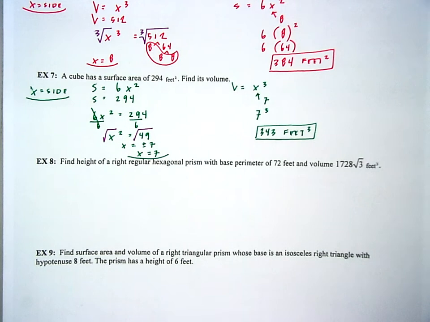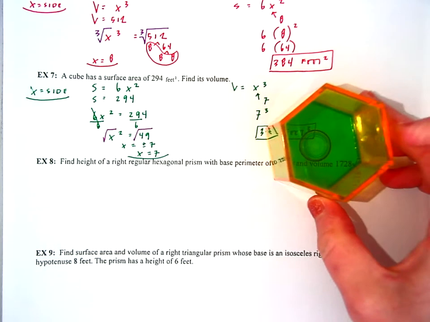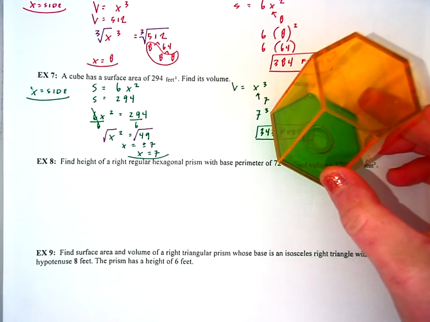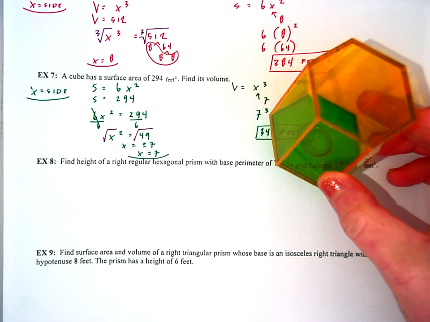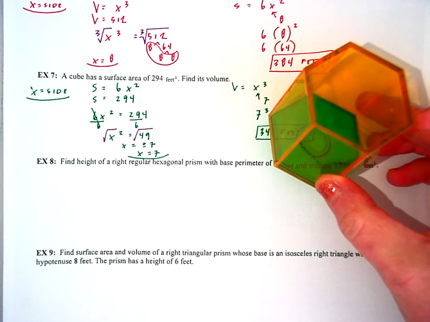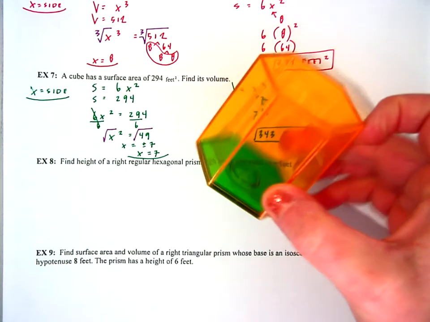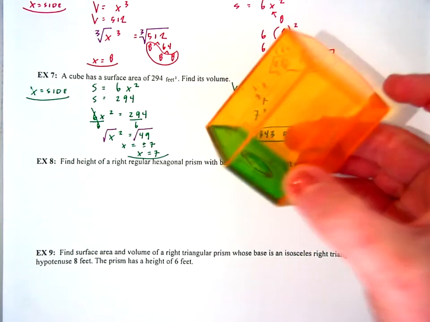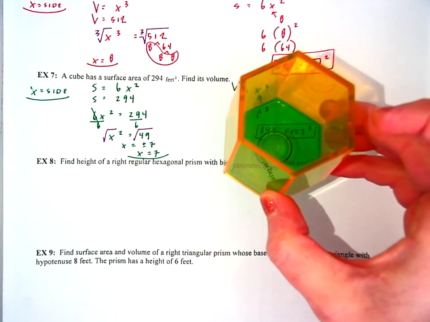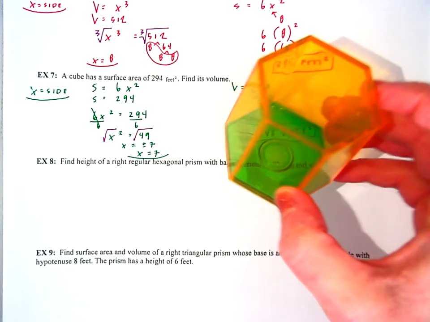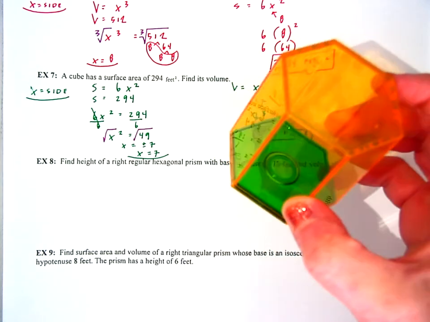So here, just to help you visualize it, here is a hexagonal prism, a right regular hexagonal prism. So my 2 bases are perfect regular hexagons, and I know that all of my lateral faces, they are rectangles.